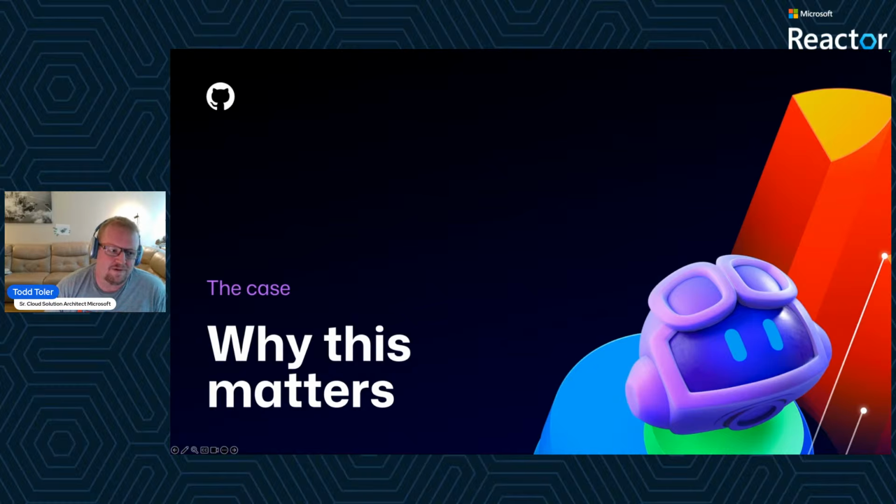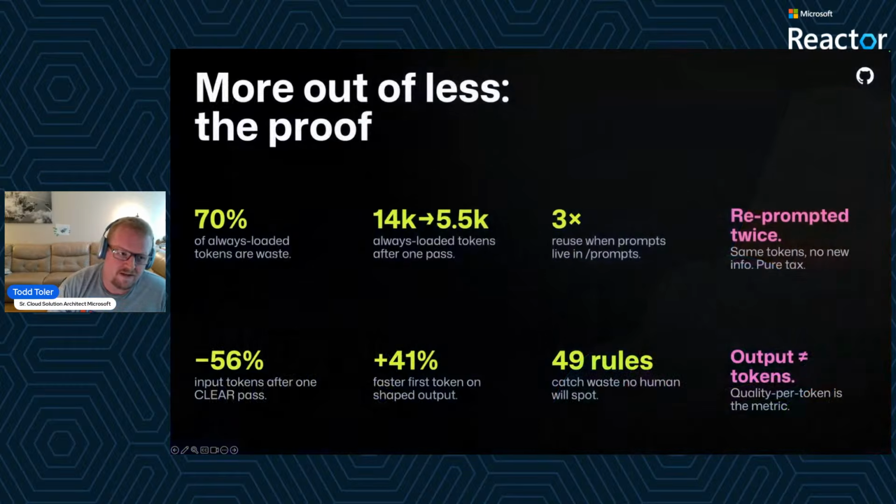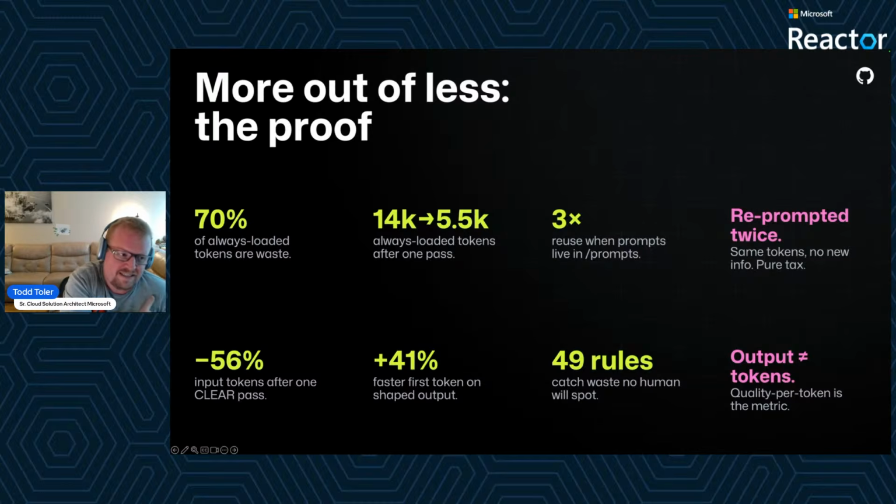So most people treat prompt writing like a soft skill that doesn't show up anywhere, but it shows up in context windows and your latency, how long it takes to do this, and then how much you have to reprompt. So we're going to put a number on it. As you can see, 60 to 70% is what we've seen of always loaded tokens are waste.